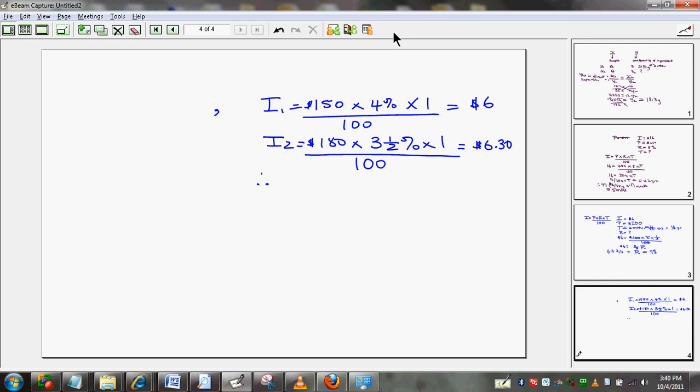Therefore, I2 is greater. What is the annual difference? And the annual difference, of course, will be $6.30 take away 6.